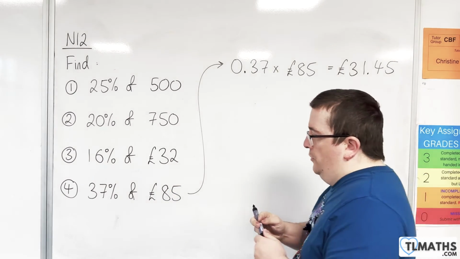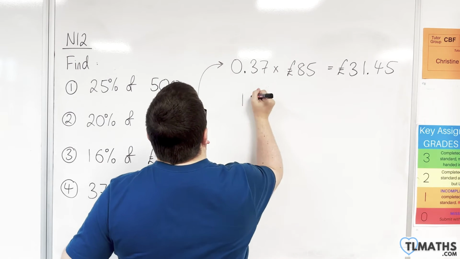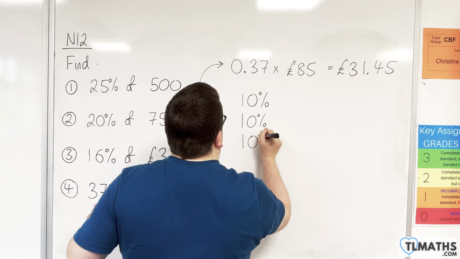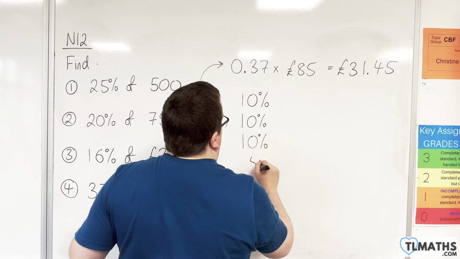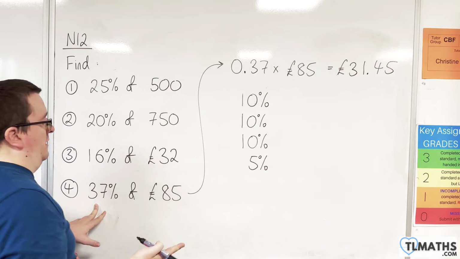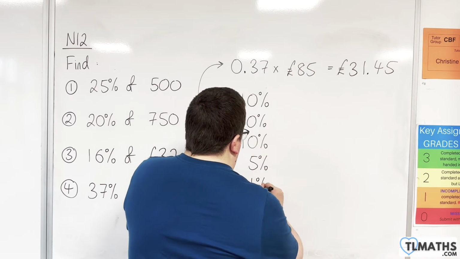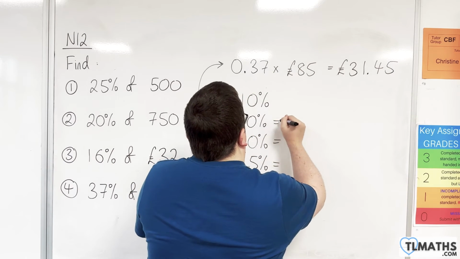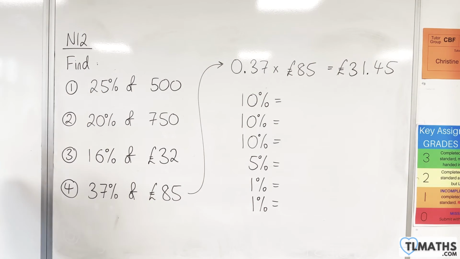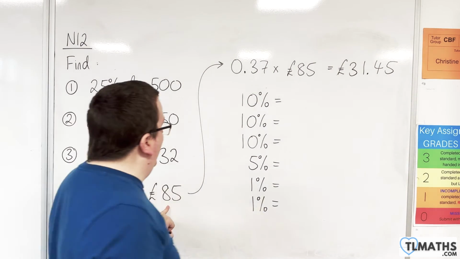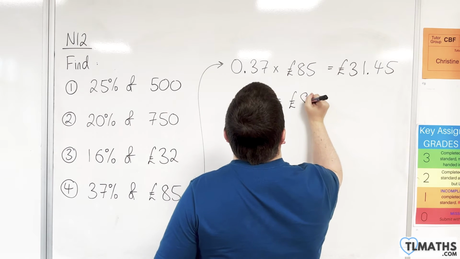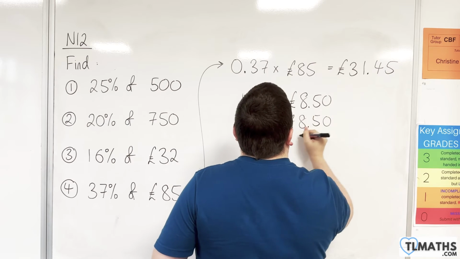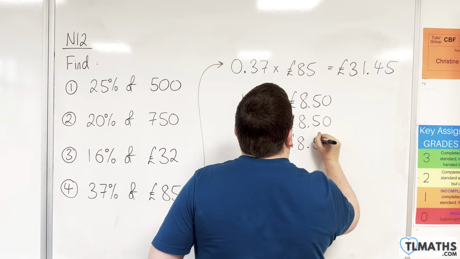Or we could split the 37% up into 10%, 10%, 10%, so that's 30%. That's 35%. And then we need another two 1%. So 10% will be £8.50. You can see this kind of gets a bit mucky doing it this way.